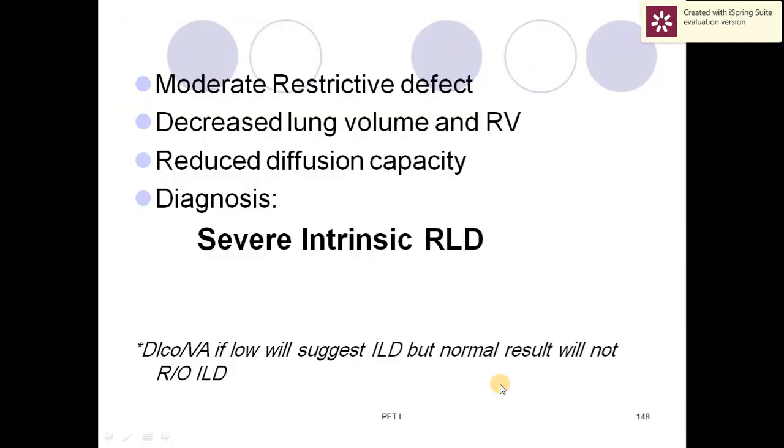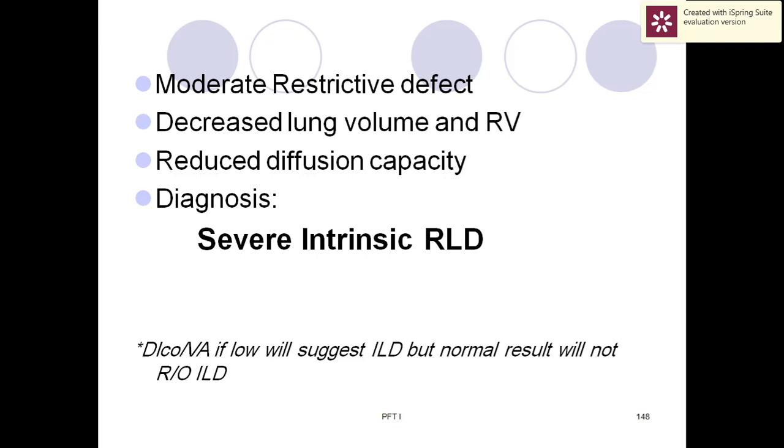Therefore, this is a moderate restrictive defect, decreased lung volume and residual volume, reduced diffusion capacity, severe intrinsic or interstitial lung disease. Of course, this is also an example of how to measure diffusion capacity, total lung capacity, lung volumes and spirometry.